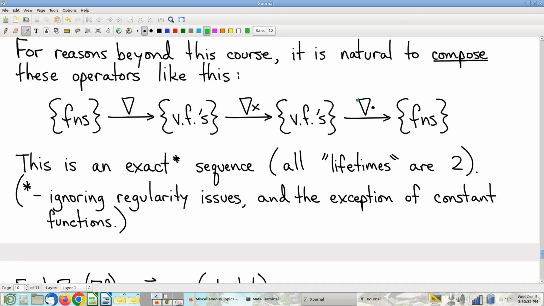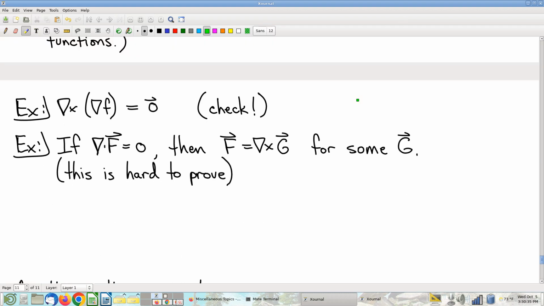The book presents these as a bunch of facts, such as these two right here, talking about what happens if you take the curl of a gradient, or what happens if you take a divergence and how that might relate to curl, etc. And there's several of these facts that can be noted.